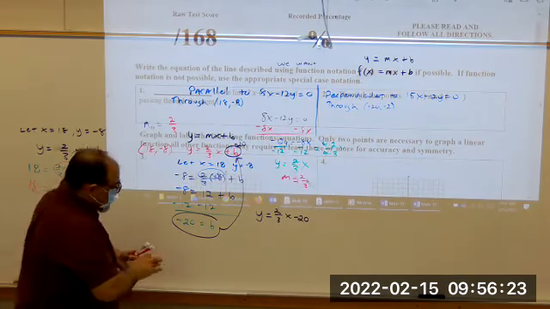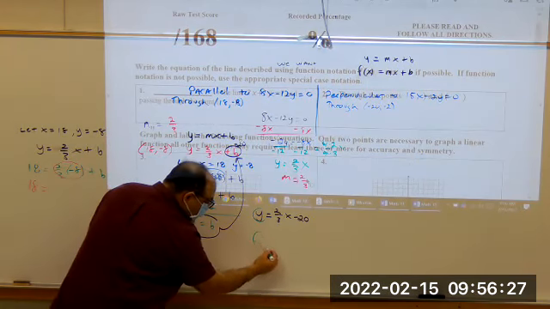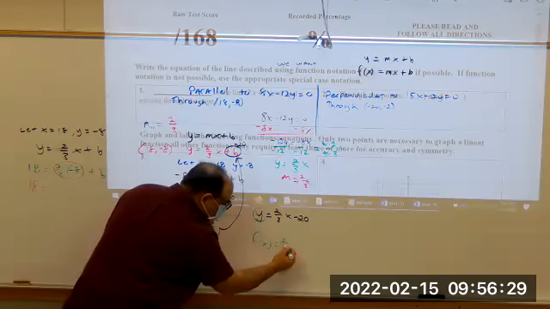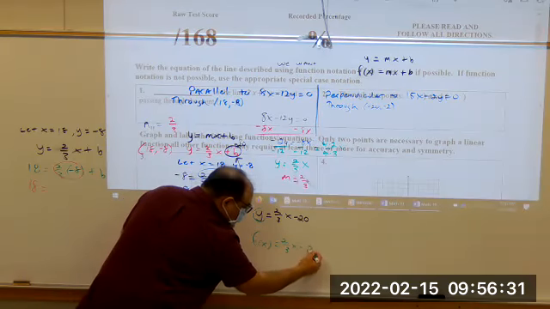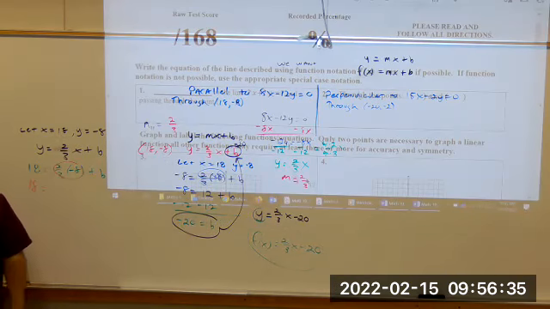In your final answer, replace the y with f of x, minus 20. Write it using function notation, f of x equals, instead of y equals. That's it. Because y and the function notation are interchangeable. That's all you gotta do.